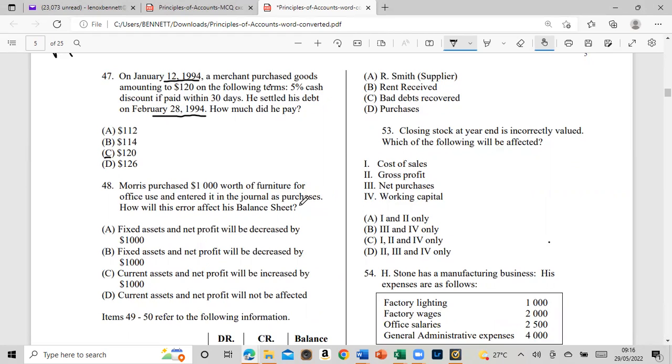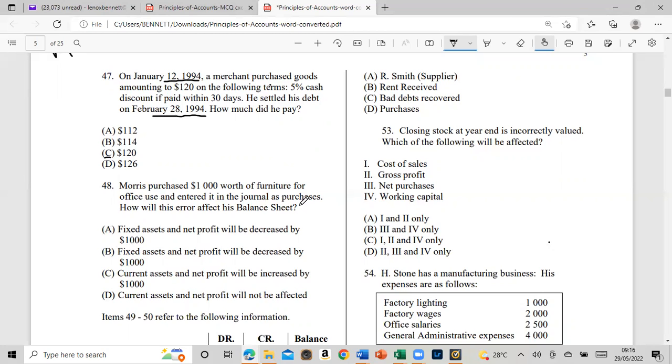Morris purchased $1,000 worth of furniture for office use and entered it in the journal as purchases. How will this error affect the balance sheet? A, fixed asset and net profit will decrease by $1,000. B, current asset and net profit will increase by $1,000.